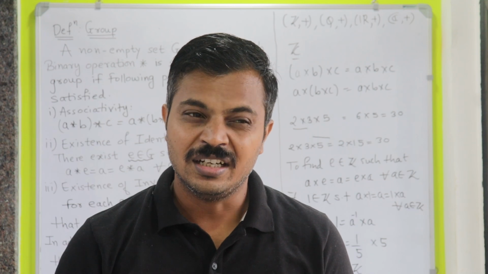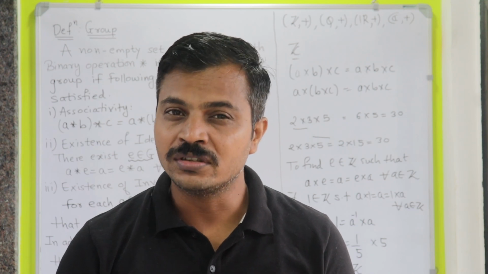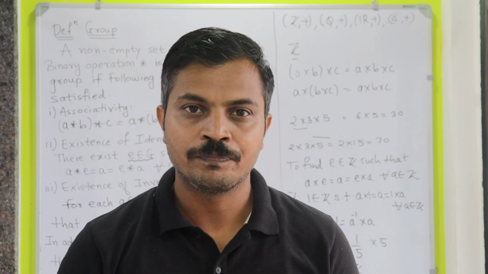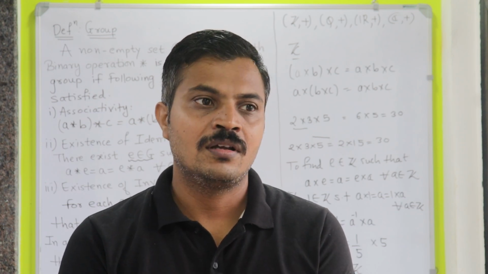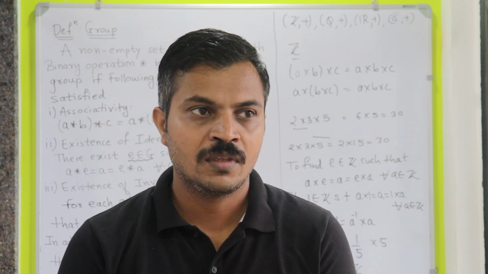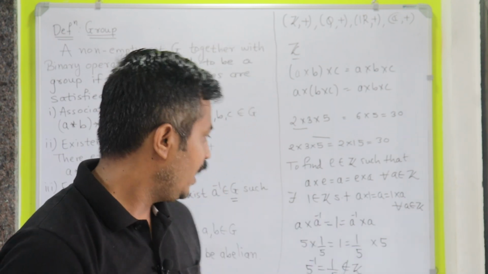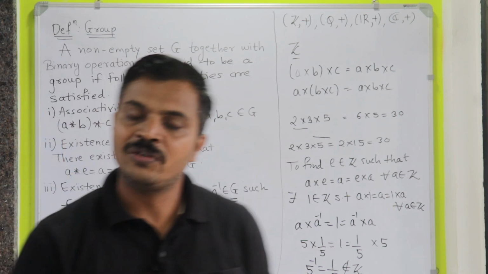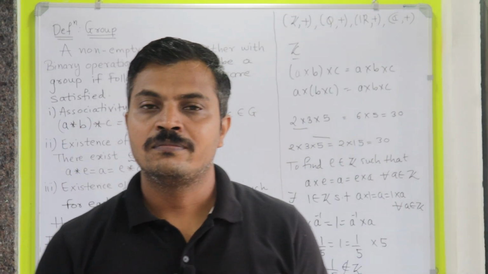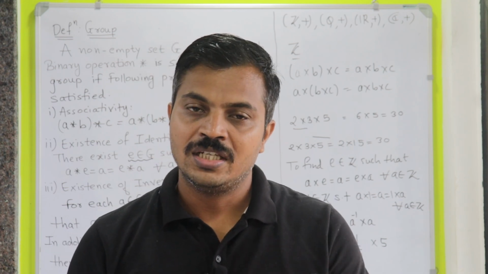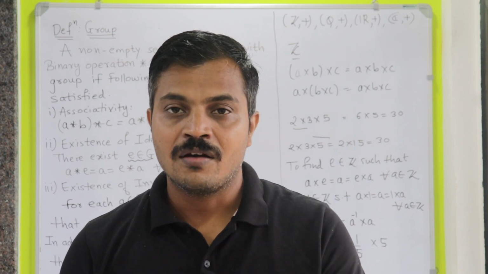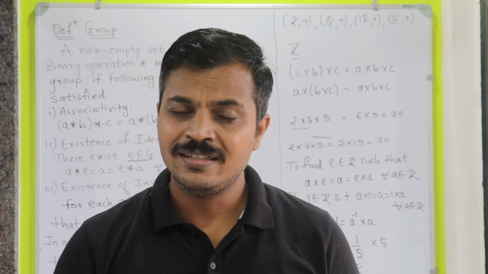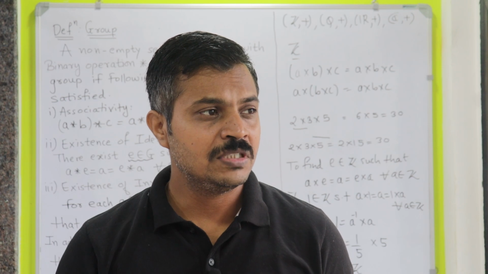But does it apply for the set of rational numbers as well? I don't think so, because 5 is a rational number, so 5 inverse again will be 1 upon 5 for the set of rational numbers with respect to multiplication, right? So in that case, 5 inverse exists. Does it apply for every rational number? That is a question.